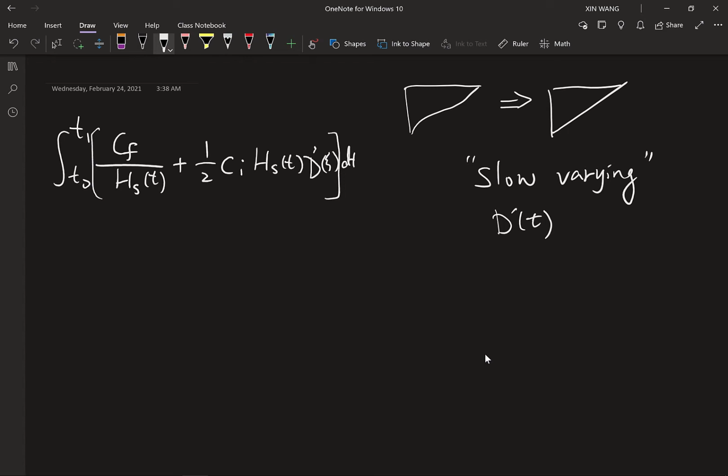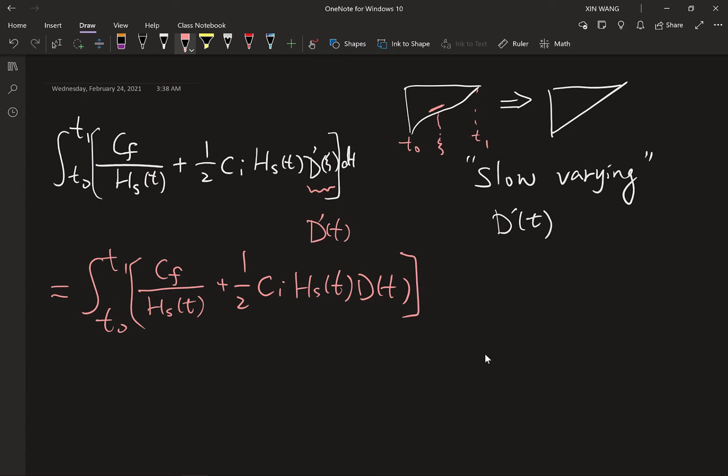Then in this case, we can estimate the demand rate just by the demand rate at point t, because it is slow varying, so the demand rate within T0 to T1, some certain value inside, can be estimated just by any dt. So in this case, the cost within this shipment can be written as a function with respect to t. So recall that we define the headway as a function, constant function within t.